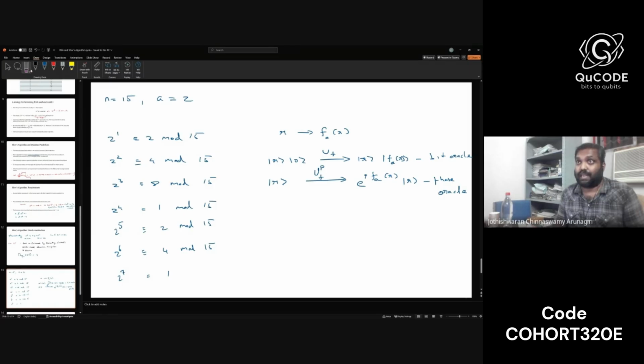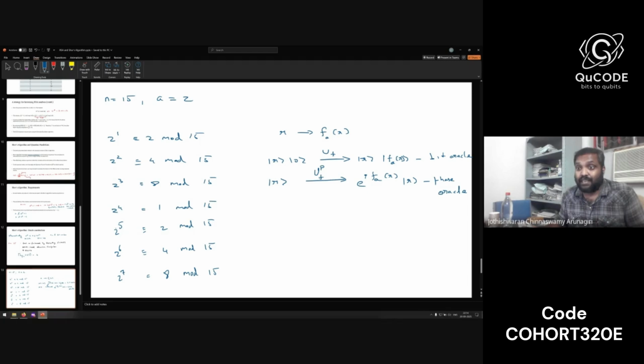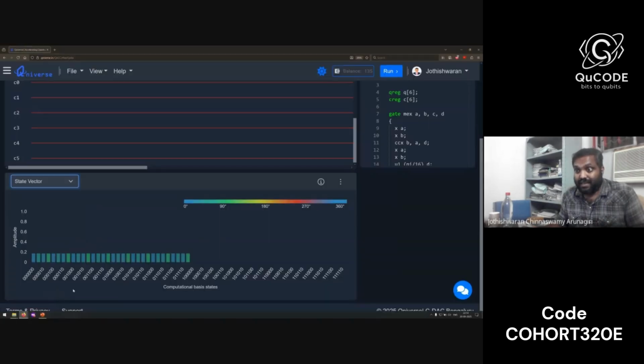So that's going to be 8 mod 15. And then 2 to the power 8 is going to be 256, which is going to be 255 plus 1. So this is what is happening over here in the phases of my qubit.